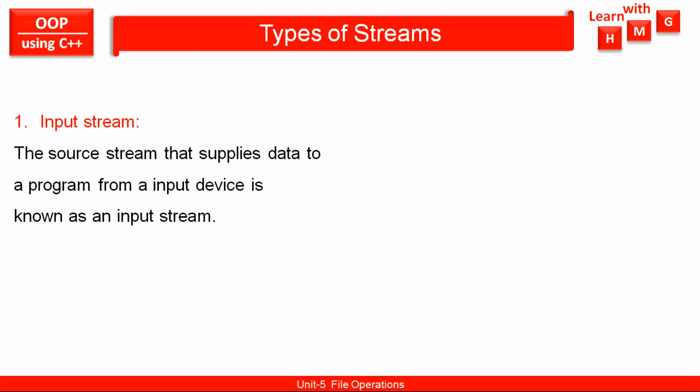Whatever input data is required for the program is taken from this input stream, and the data in this input stream comes from the input device. So the flow is input device to input stream and input stream to program. A device can be a keyboard or a storage device. The input data may come from the keyboard or a storage device.